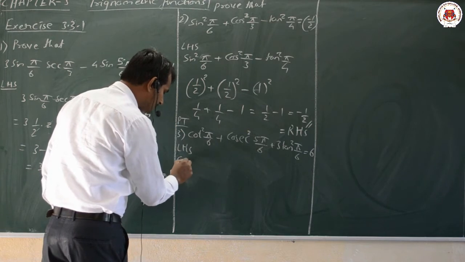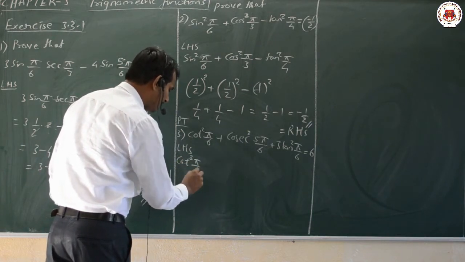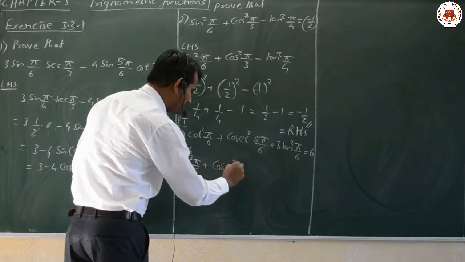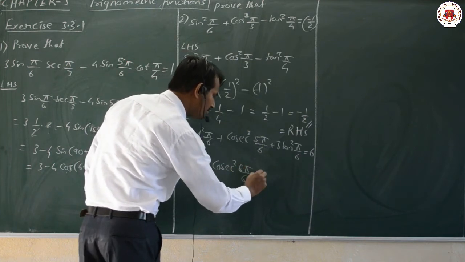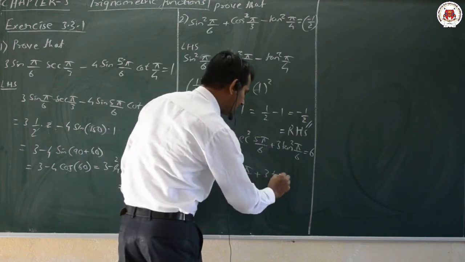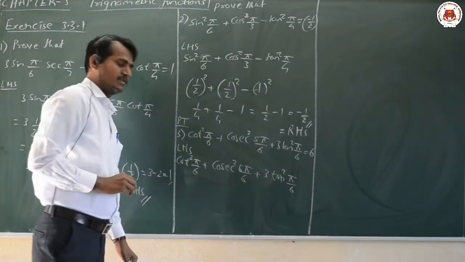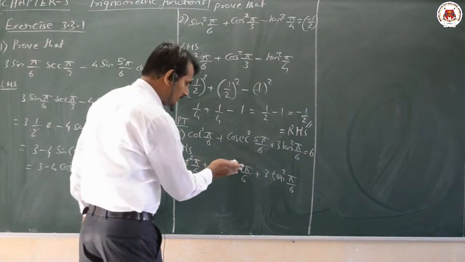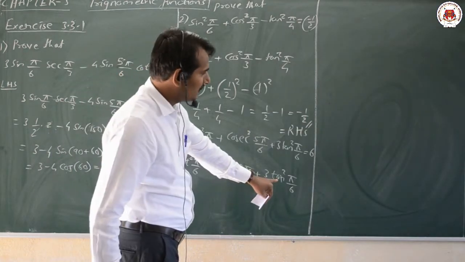What is the LHS? That is nothing but cot square pi by 6 plus cosecant square 5 pi by 6 plus 3 tan square of pi by 6. Now here we require to find all those values. We know these values: cot pi by 6 as well as tan of pi by 6.